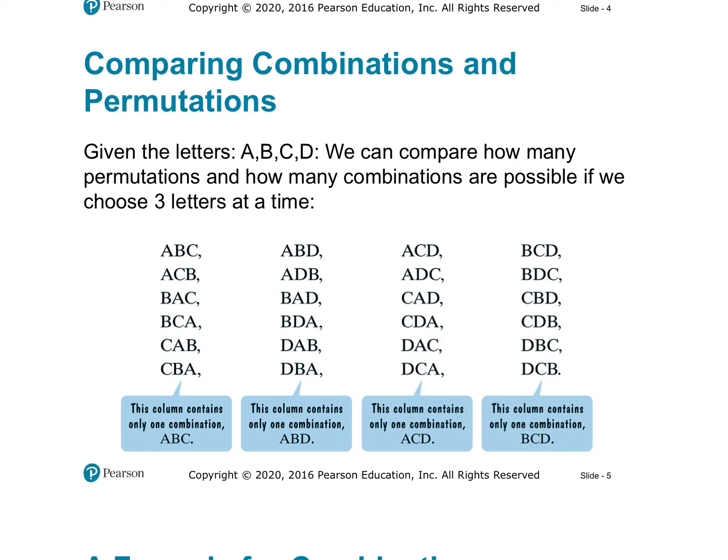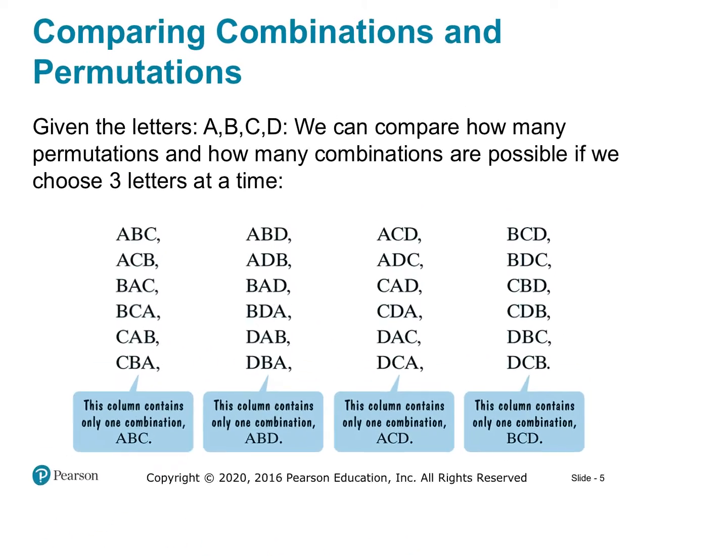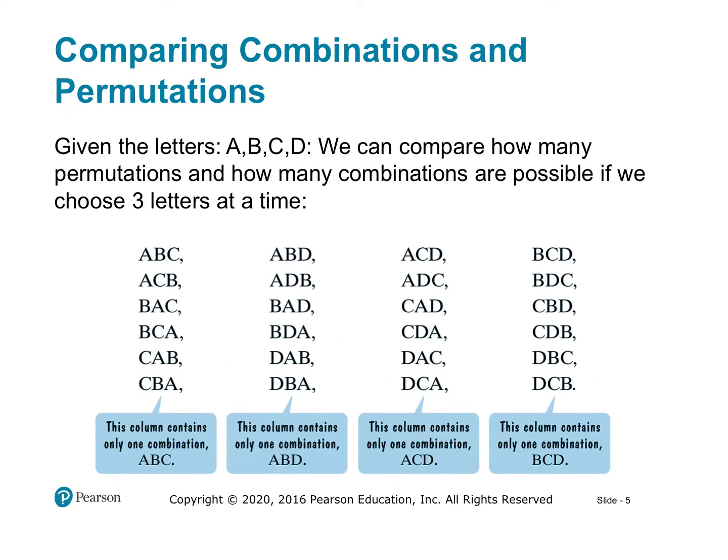The combinations are A, B, C; A, B, D; A, C, D; and B, C, D. If you did all 4 and didn't specify the order, it would still be that combination.